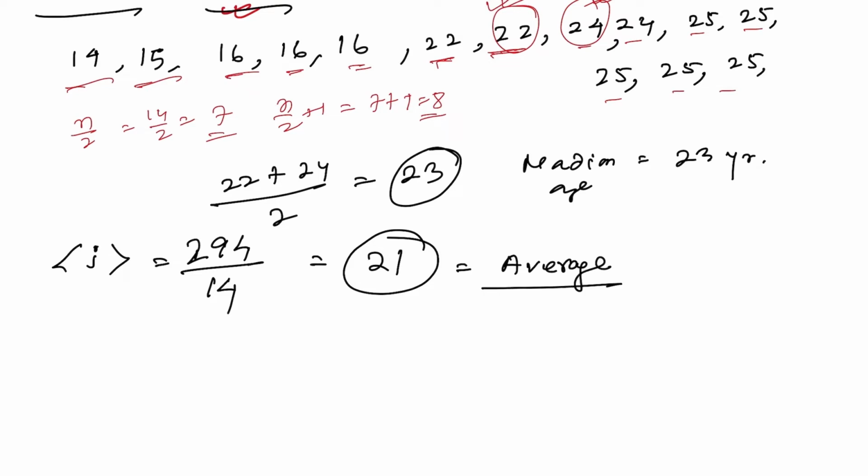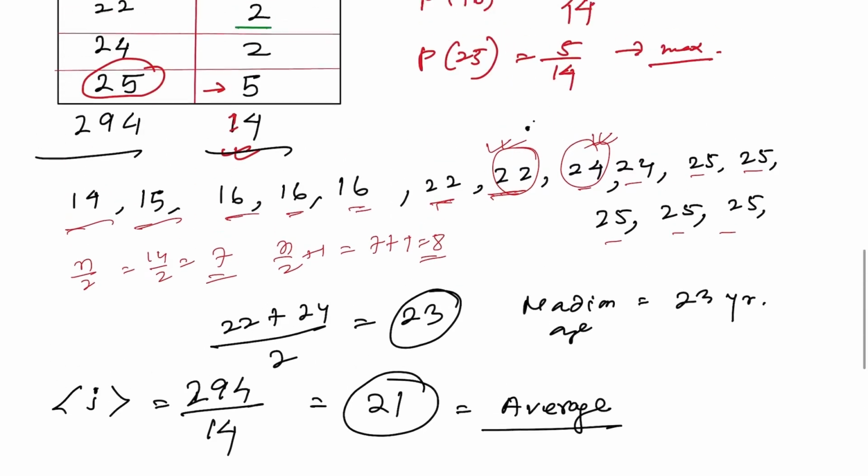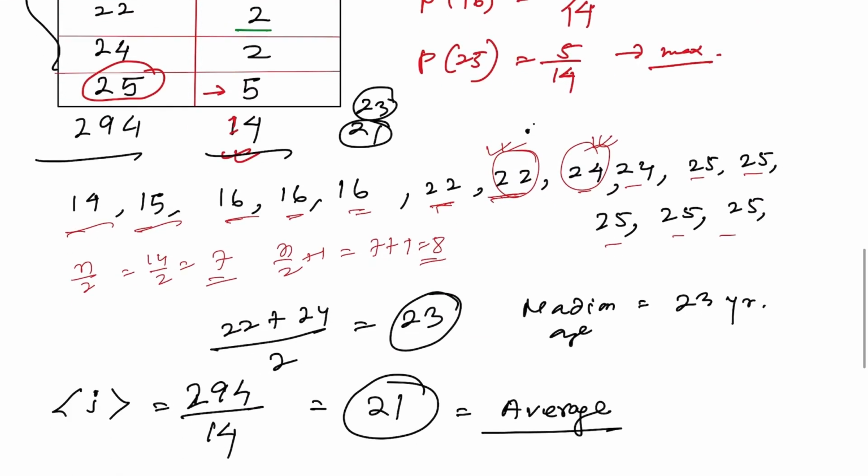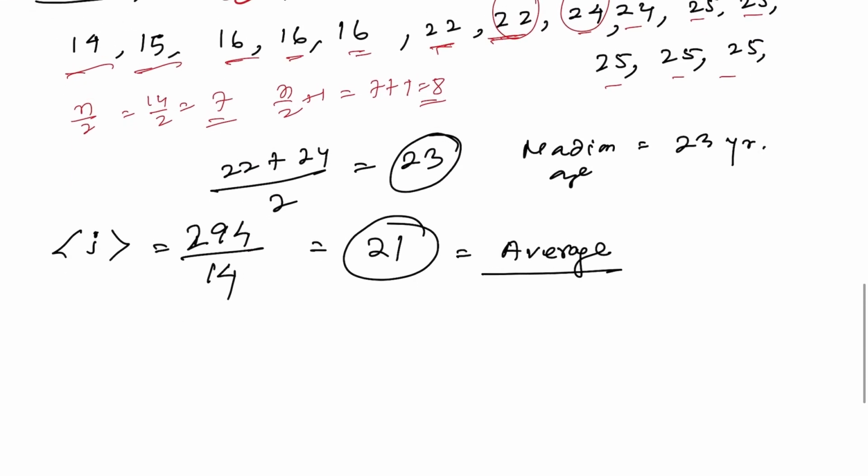Now from this table you can see that neither 23 nor 21 belongs to this table. Though these two are the median and average, they are not in this table. That means the probability of getting 23 and the probability of getting 21 are both equal to 0.